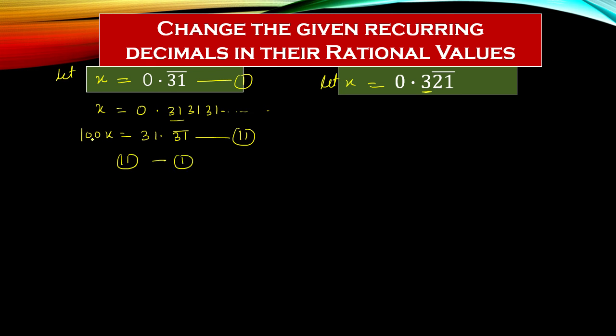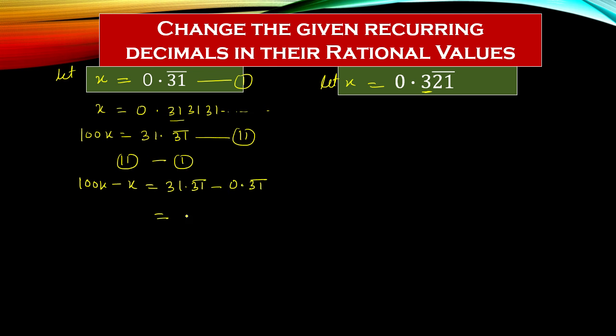The left hand side is subtracted by the left hand side, that means 100x minus x, and the right hand side is subtracted by the right hand side, that is 31.31 bar minus 0.31 bar.